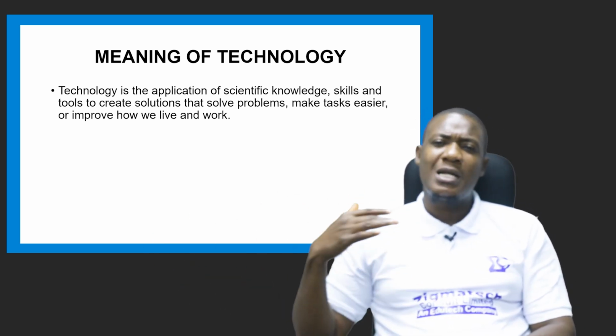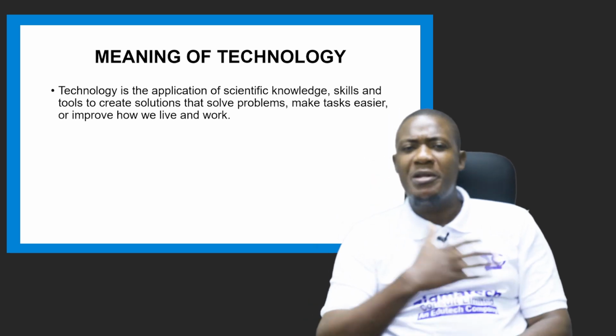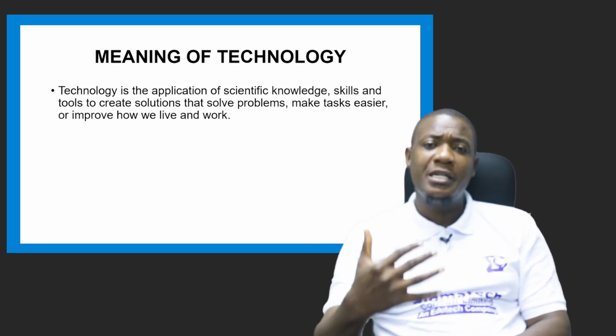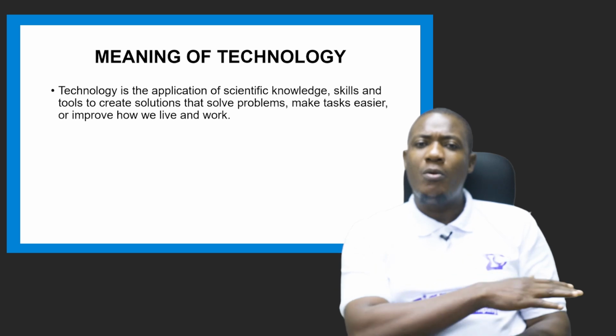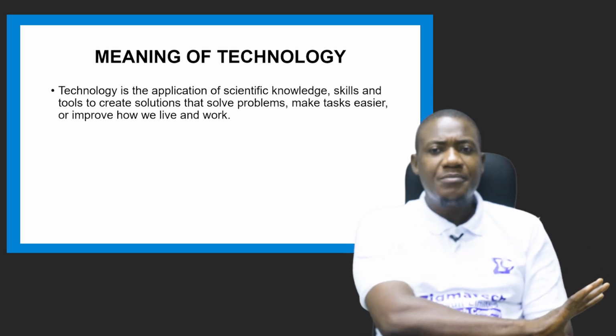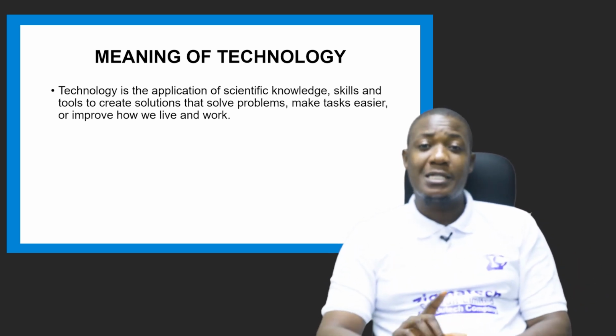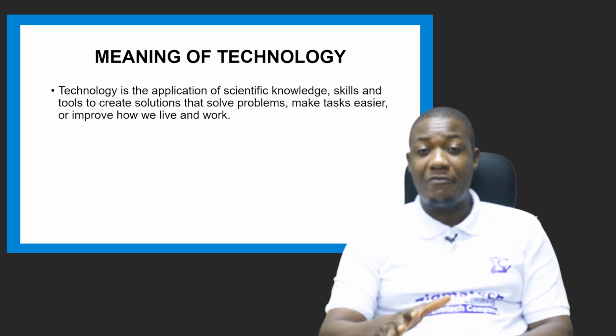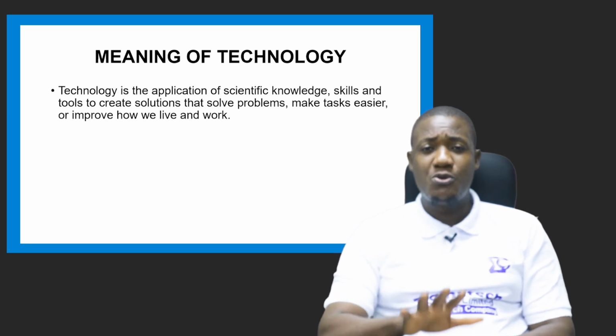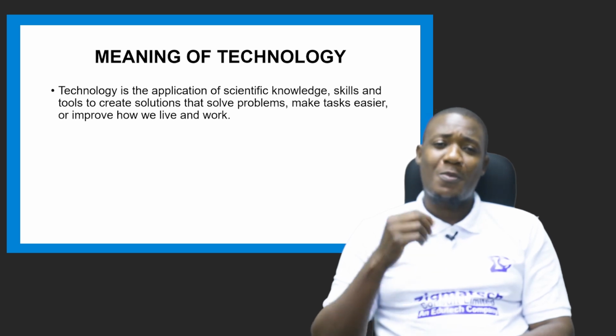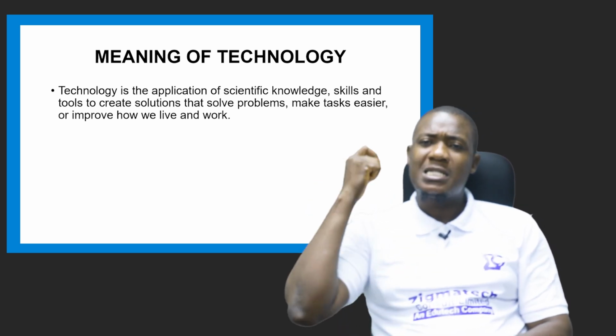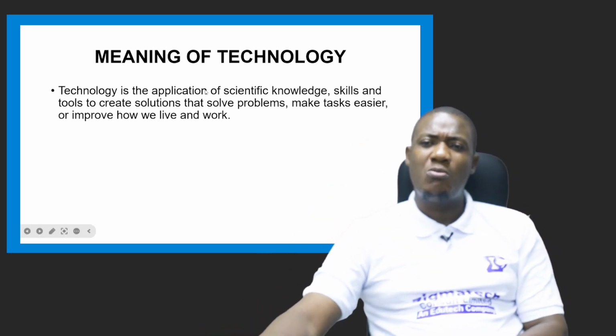Most countries that we look at as underdeveloped simply means that technologically they are below or they are lagging. So that's to tell you that technology is all about life that we live. Everything we do is technology. Okay? Let's move a little more.